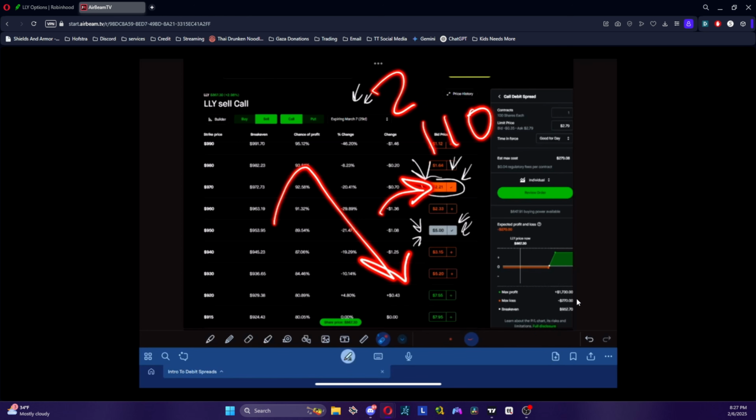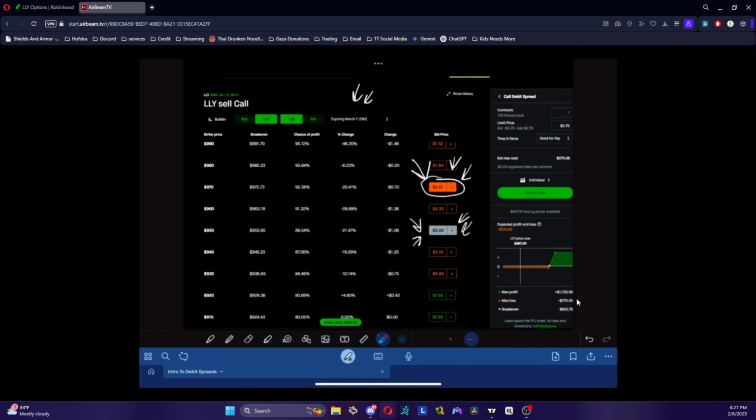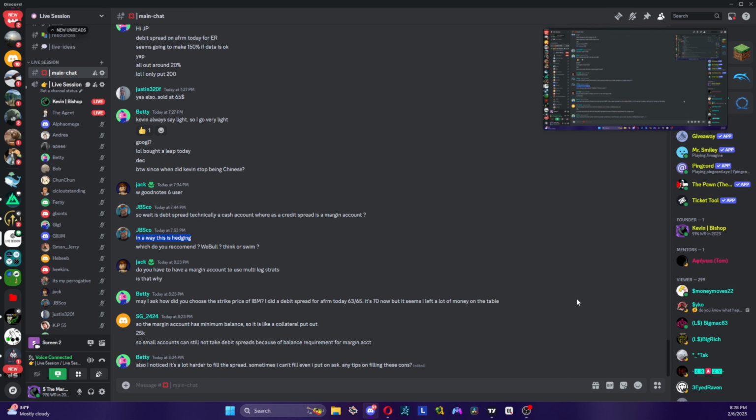Even though you received $220, you only have to give back 110, which gives you a profit of $110. So that's why you want to keep in mind that if you have a small account, maybe it's not so great to close out of this leg, because you'd be putting yourself in a risky situation, since you would have to take on the entire cost of this option that you're buying. Hopefully that makes sense.